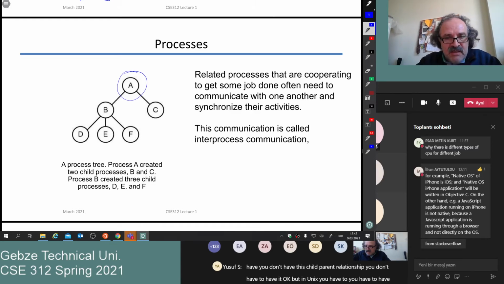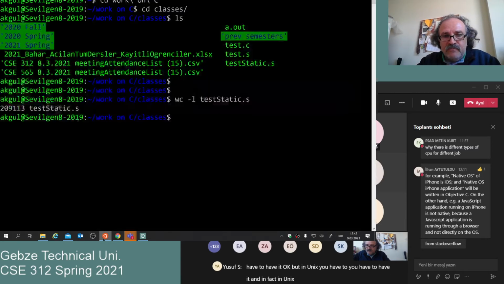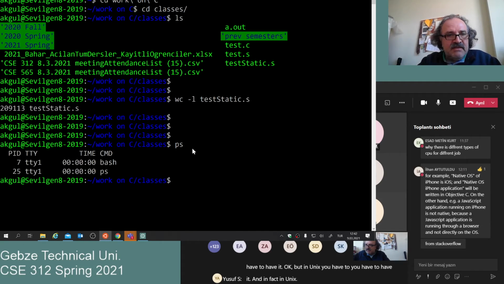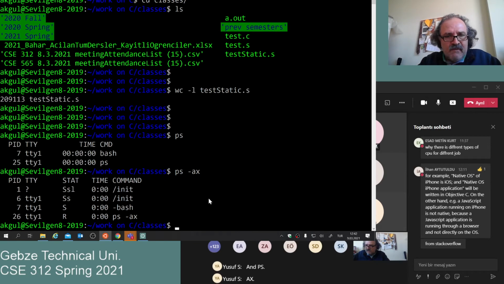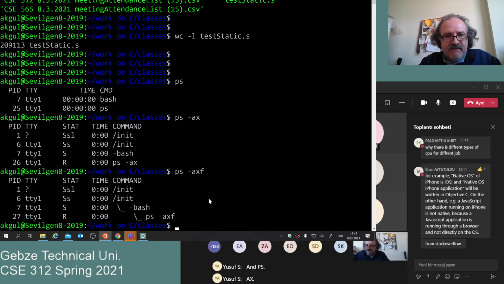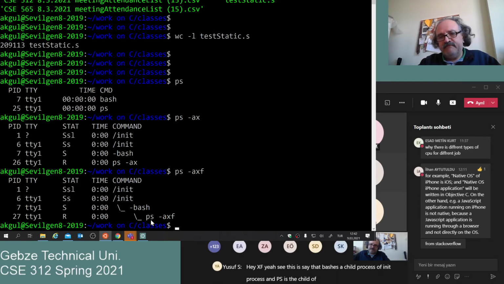And in fact, in Unix, when I say PS, my bash process number is 7. This PS process number is 25, and PS AXF, yeah, see, this says that bash is a child process of the init process, and PS is the child of bash.